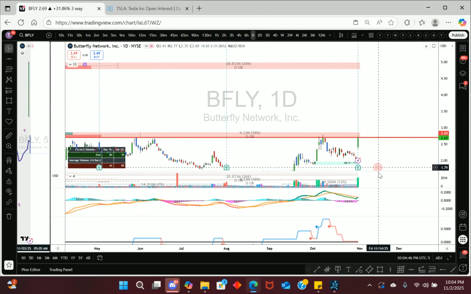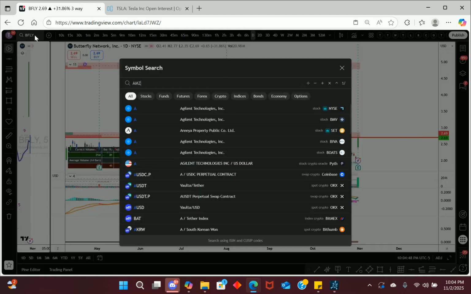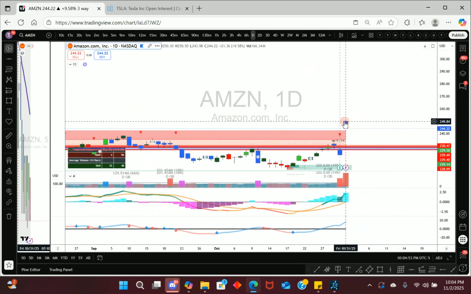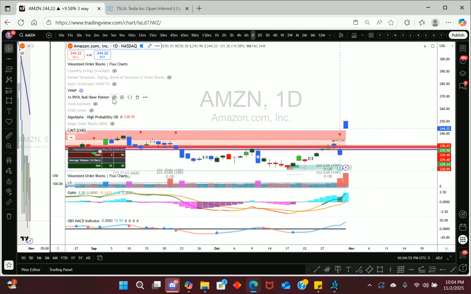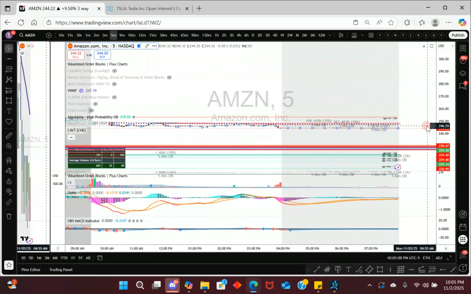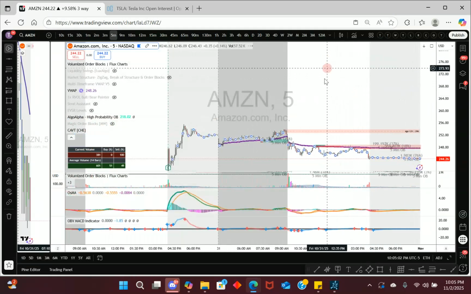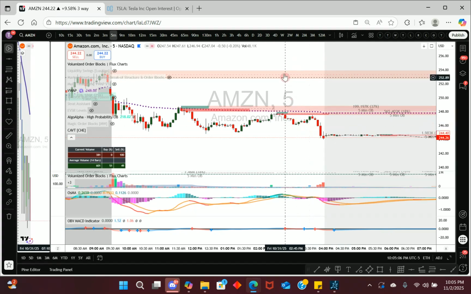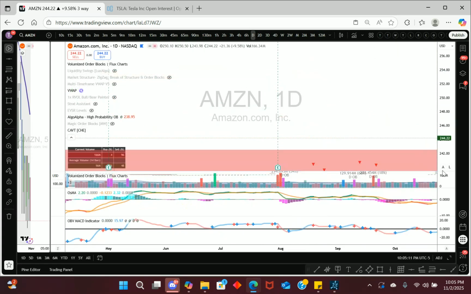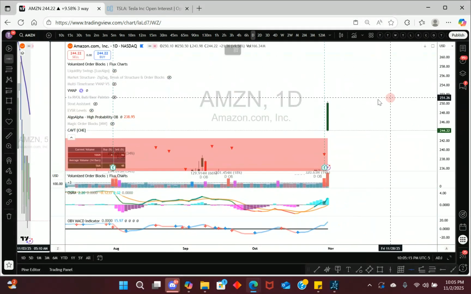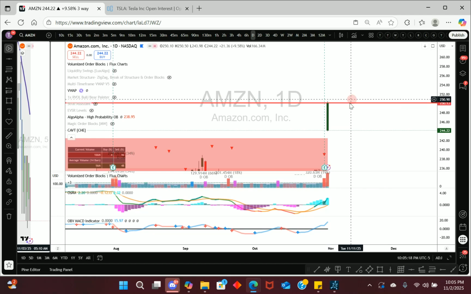So I wanted to just show you that Amazon was one of them that's on here. And there's a big push down. All right. So just to show you, it was up on the green. However, it is starting to pull down. All right. So you see that here. So what we want to do is just wait for price to come up above this.